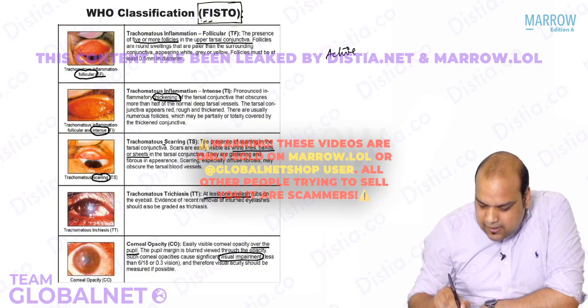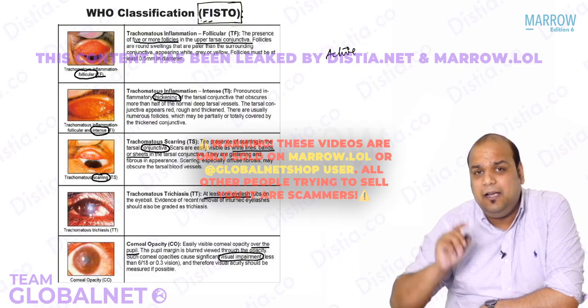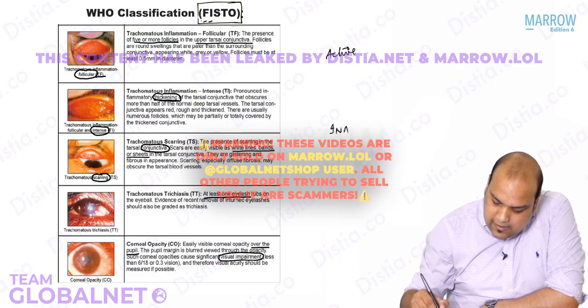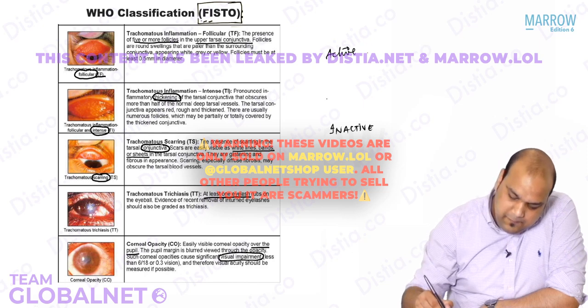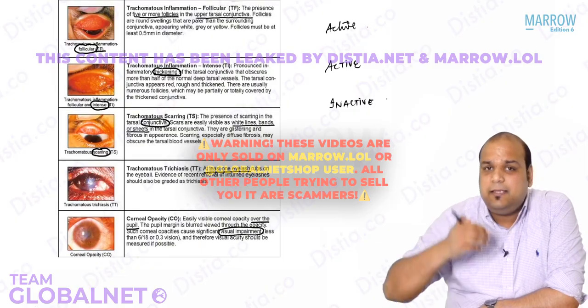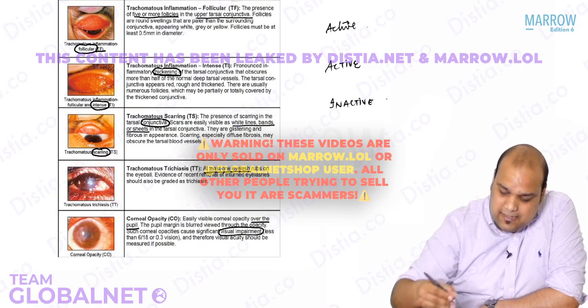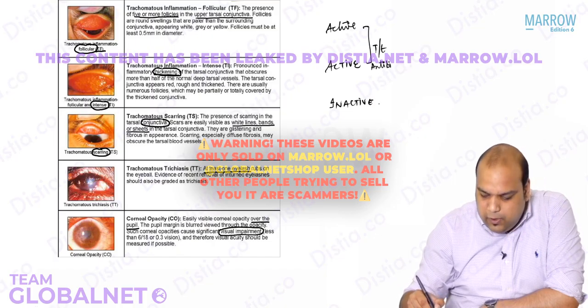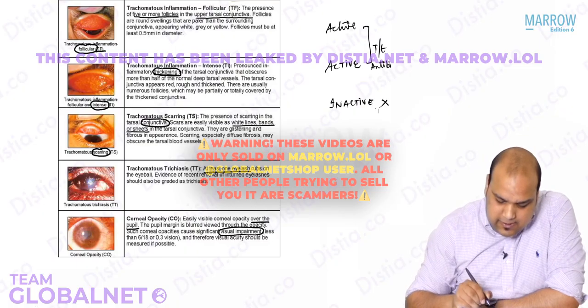Scarring in the conjunctiva. Am I clear to everybody? This we say now is the inactive stage. The first 2 stages were active. Follicles were forming in the first stage. Then the inflammation was getting intense. In both the active stages, we need to do treatment by antibiotic. Here we don't need any treatment because it is the inactive stage.